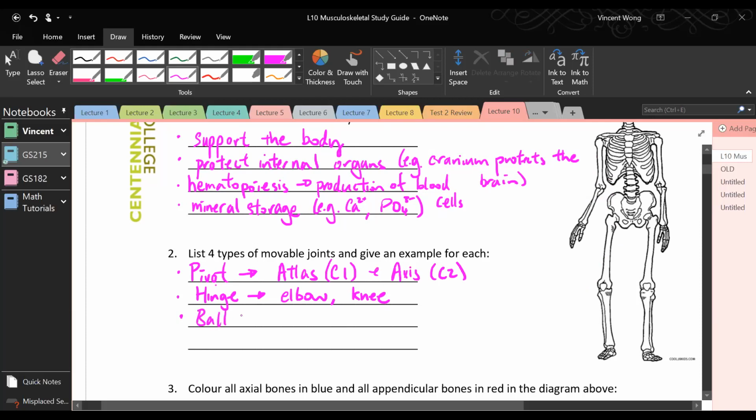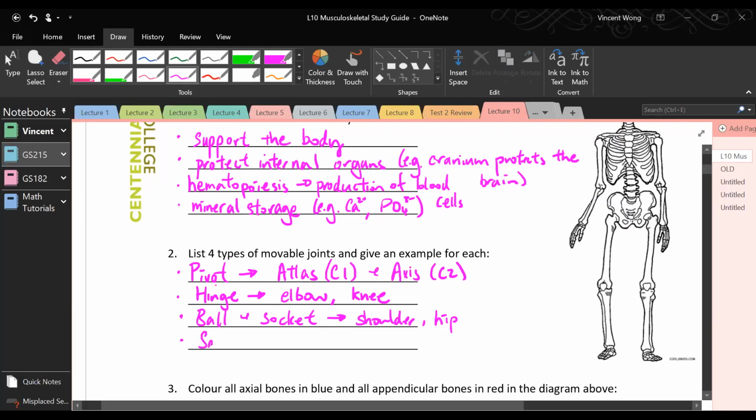We also have ball and socket. That would be like the shoulder and the hip. And these ball and socket joints provide a wide range of motion.